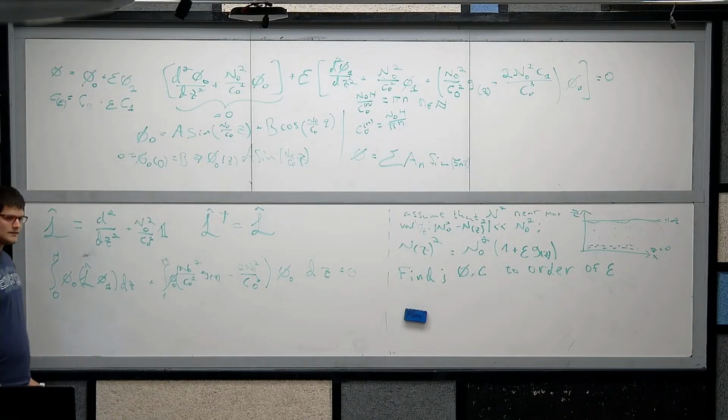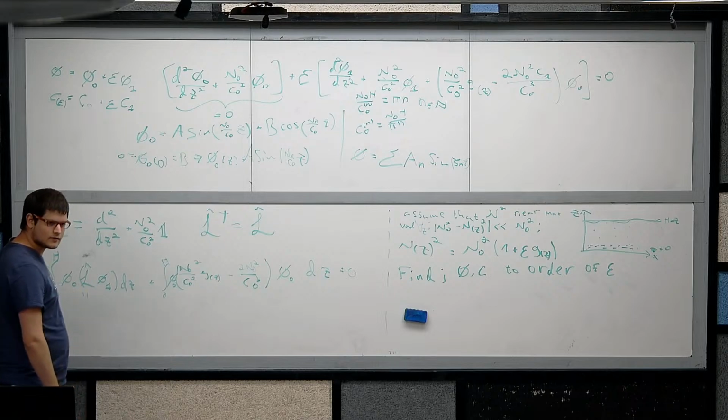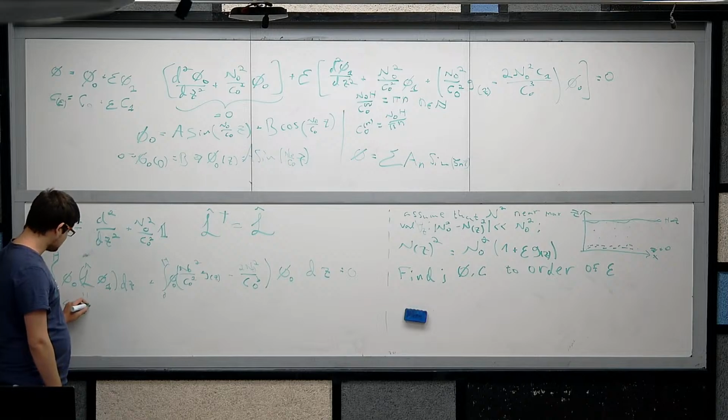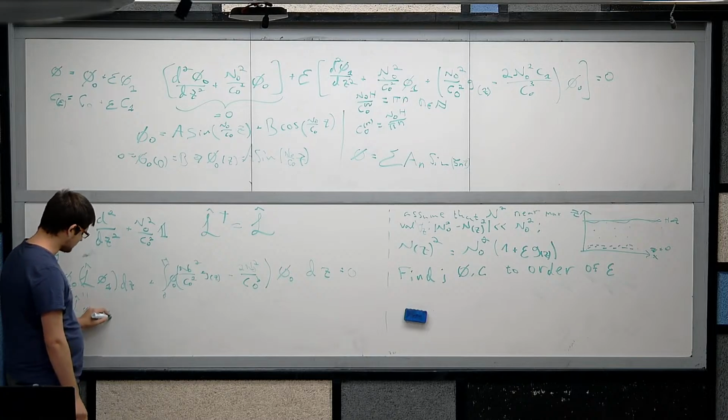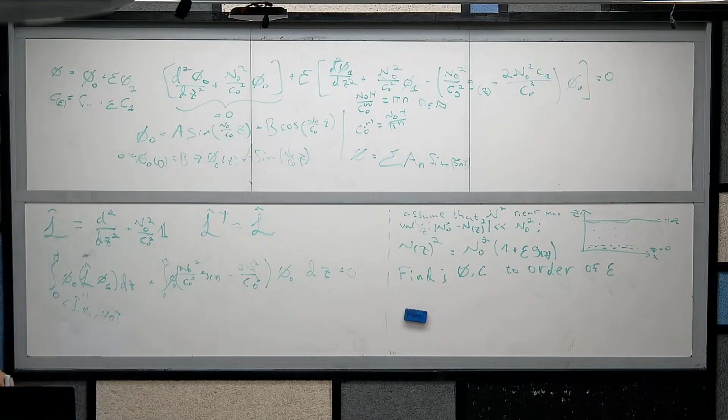Okay. And the second thing, what is that? That is just the inner product, right? That is phi 0 with, actually, we will write it in that form, L acting on phi 1. Here we have phi 0, and that is just the inner product of our system. Actually, we need to do 1 over h, but if you want, you can just multiply it by h. I don't care.